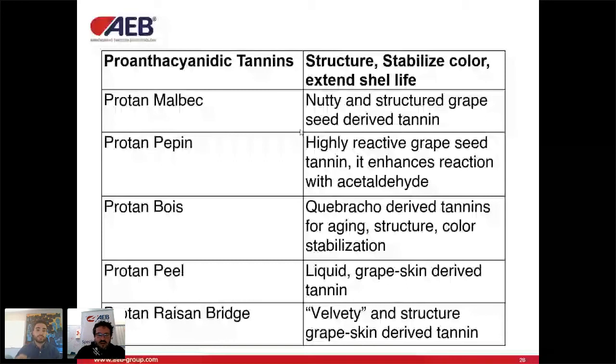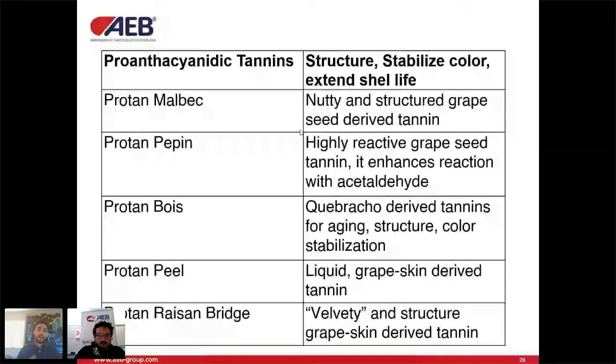and I think they can help you, starting from the quebracho, that is giving more structure and is more rough, to the seed tannins, to the skin tannins, that instead are the more velvety and light on the palate.